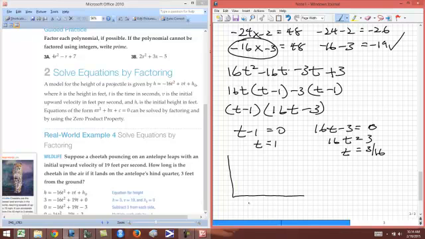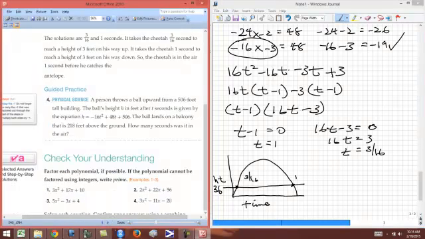So if you think of time on the x-axis and height on the y-axis, it's going to look like this. That's what the graph is going to look like. And here is 3 feet of height. Then this is 3/16 of a second, and here is 1 second.